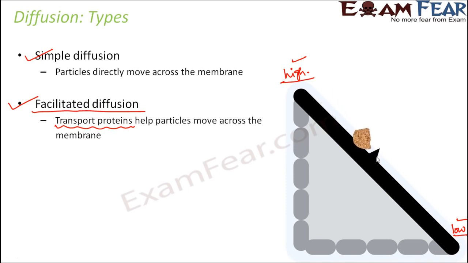When this stone tries to come down, it gets blocked. The stone is not able to move down the hill on its own because of that small barrier in between. But it still has to move down because it is moving from high to low concentration, so it needs somebody's help.